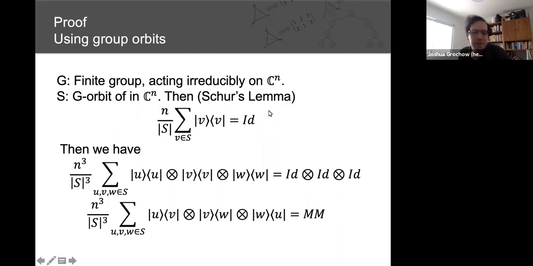So what this means is, if you don't know about groups, then just suppose I have a set S which satisfies this equation. What this means is if I sum over all triples u, v, w in S, and I look at the outer product of u with itself, tensor the outer product of v with itself, tensor the outer product of w with itself, I get 3 identity matrices.